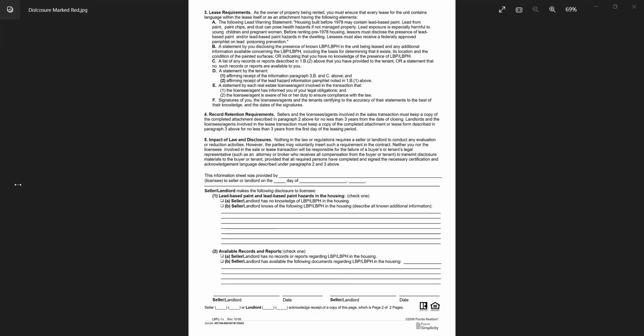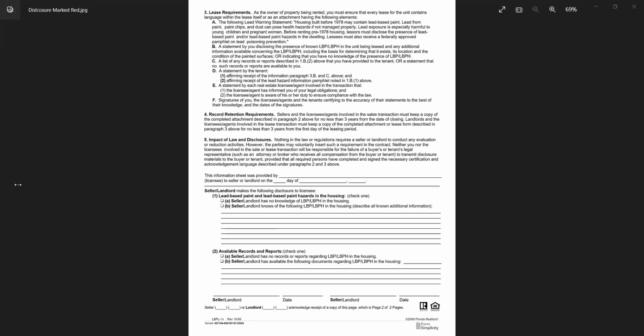So the seller or landlord makes the following disclosures: lead-based paint and lead-based paint hazards in the housing. Either the seller has no knowledge of lead-based paint in the housing, or the seller or landlord knows of the following lead-based paint or lead-based paint hazard in the housing, and they're going to describe and provide additional documentation. And that would be listed here. The second part talks about available records and reports.